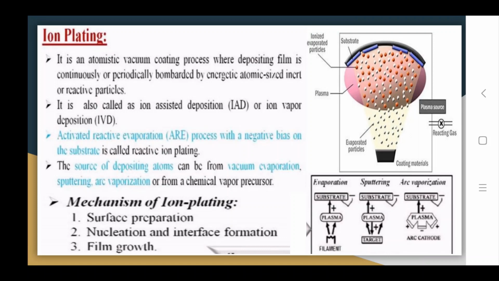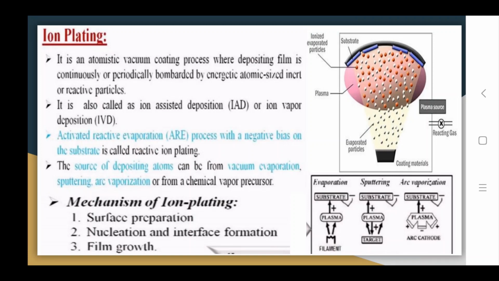It depends upon the source, and using different sources gives different nomenclature. The source of depositing atoms can be from vacuum evaporation, sputtering, arc vaporization, or from a chemical vapor precursor. From this there are certain mechanisms available.